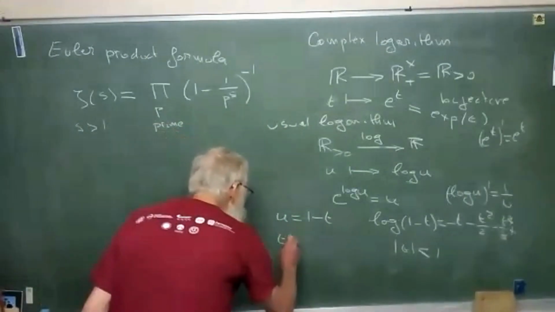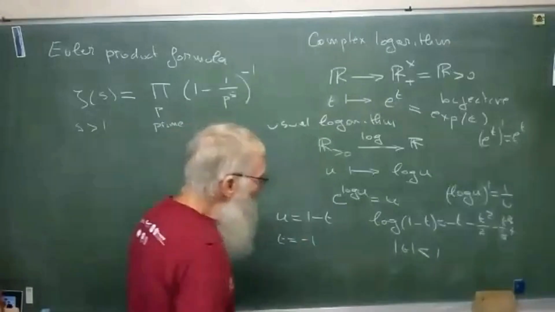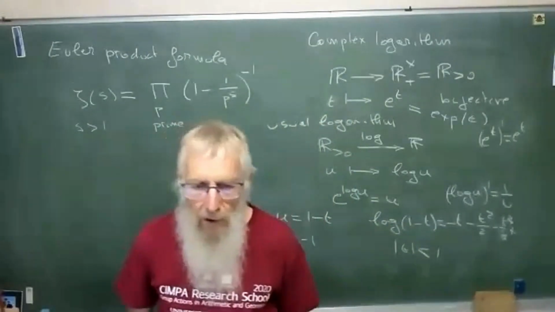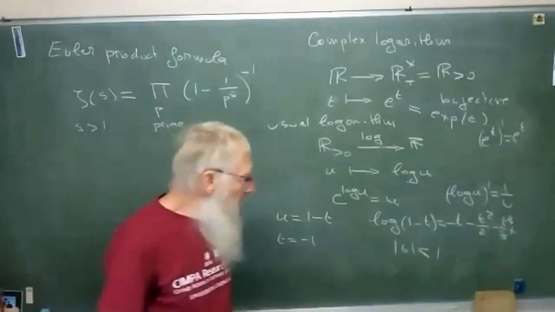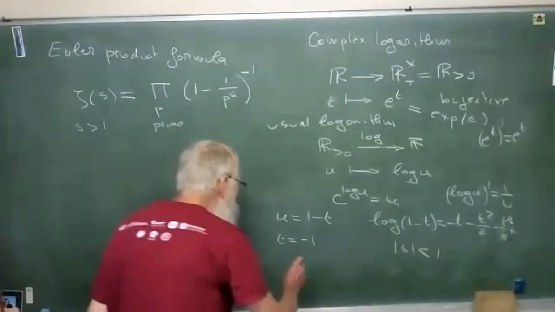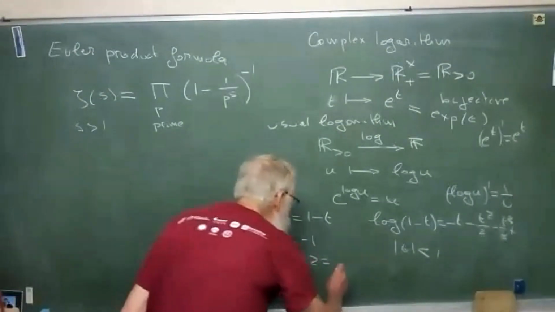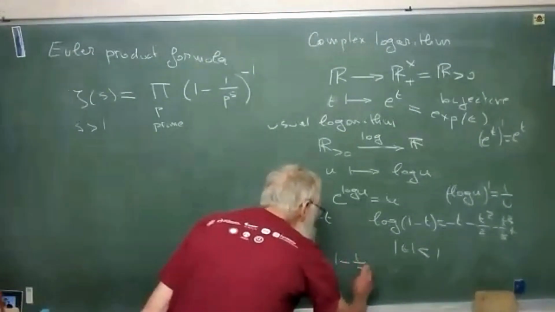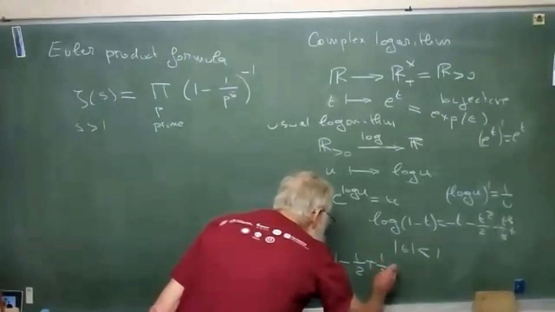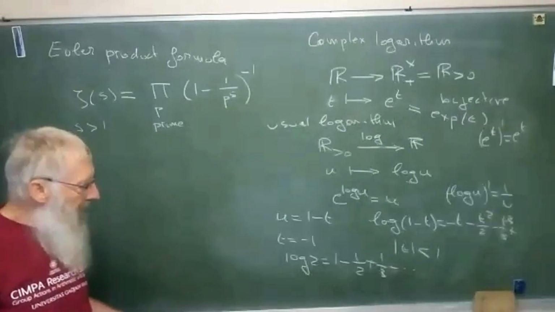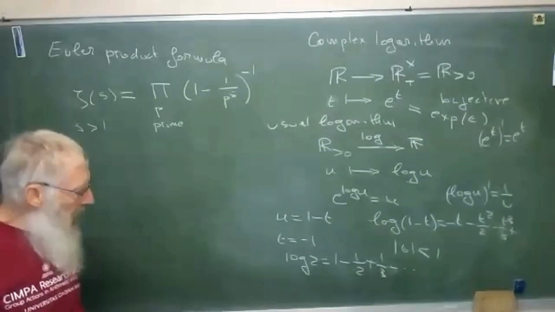If you take t equal minus 1, this series is not absolutely convergent, but it is conditionally convergent, and we have the formula which is important for the course, which is log 2 equals 1 minus 1 over 2 plus 1 over 3, and so on. So this will be useful later.